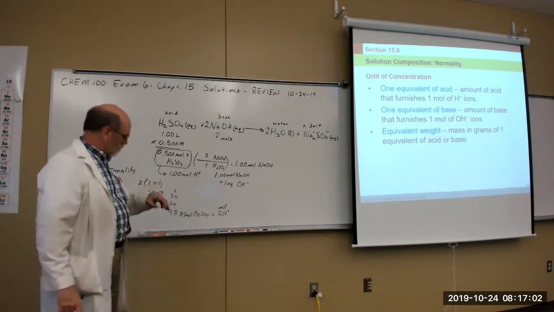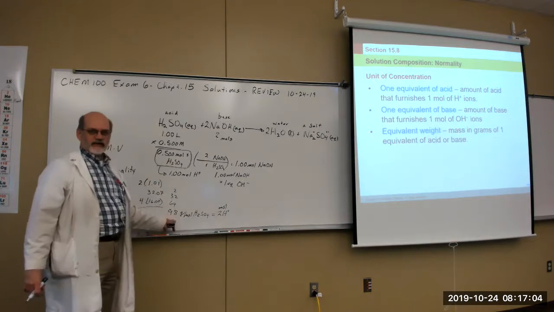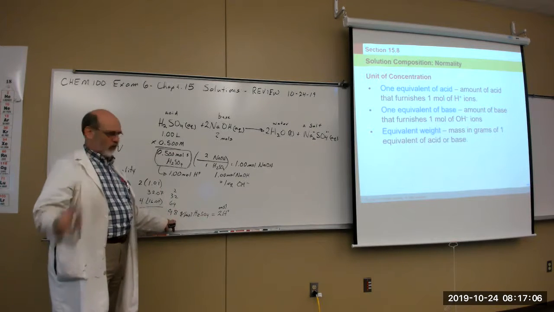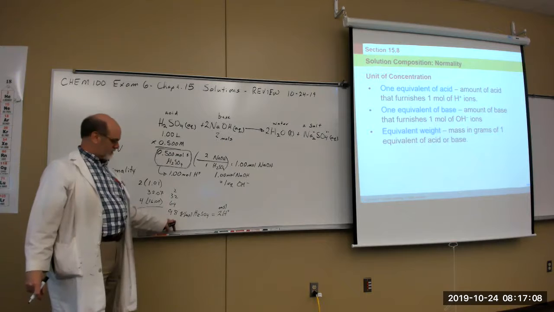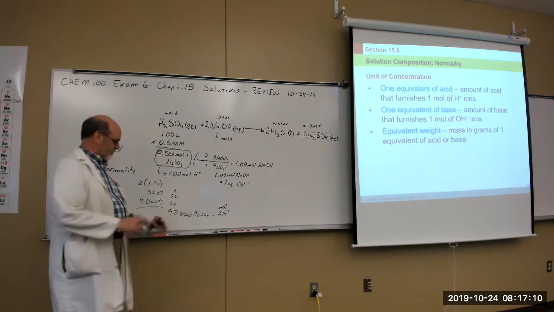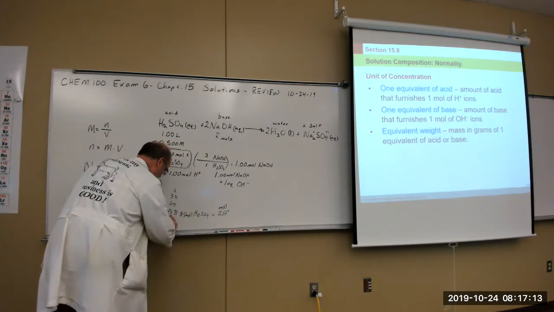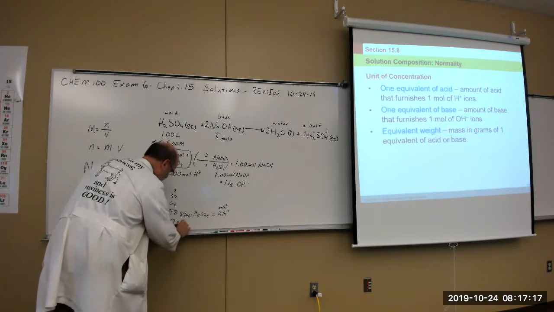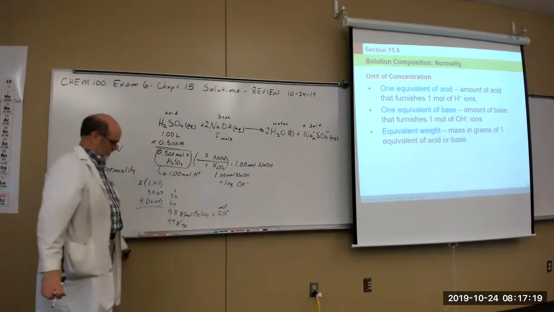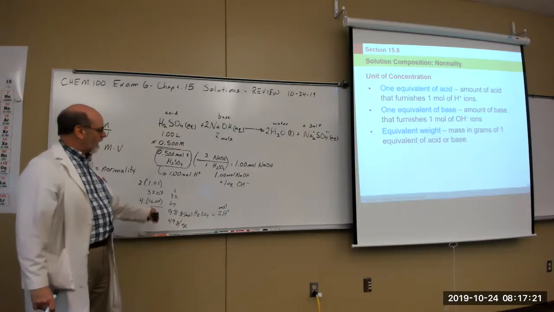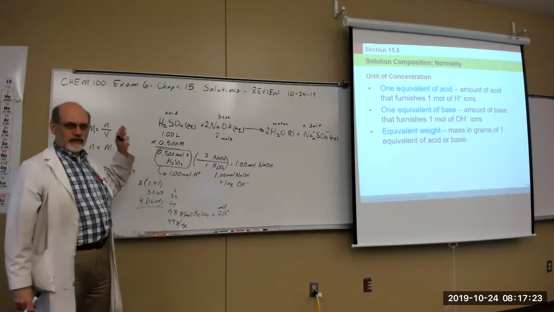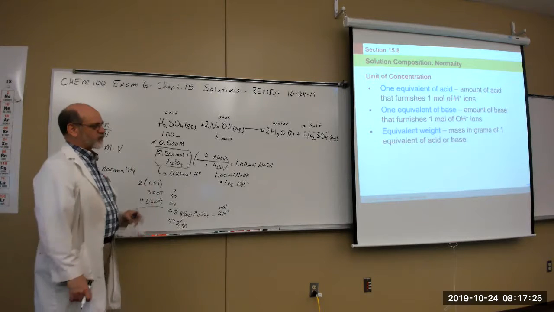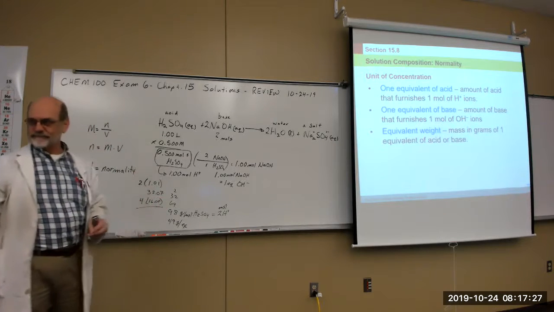How much sulfuric acid is required to produce 1 mole of hydrogen ions? Half of that, right? So 49 grams per equivalent. Only half of that mass would be required to produce 1 mole. That's what equivalent weight means.